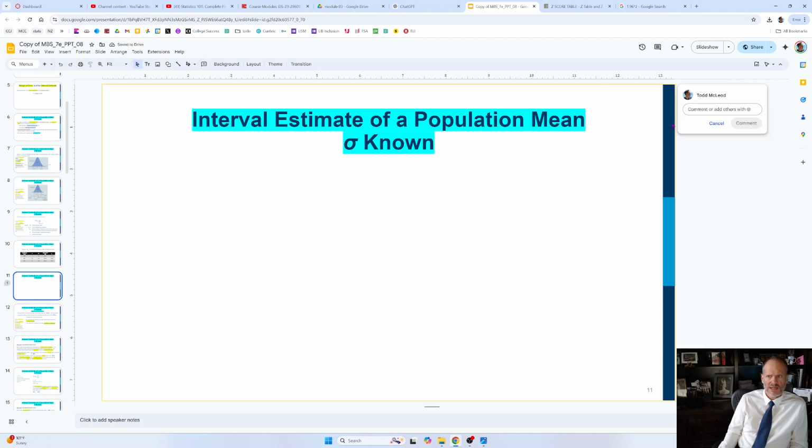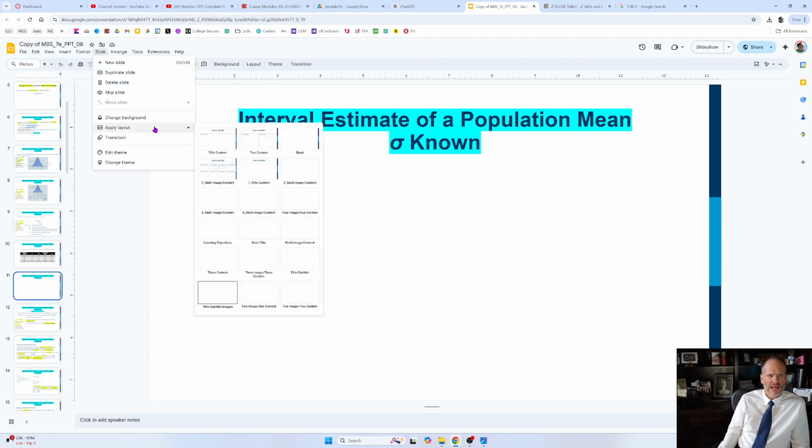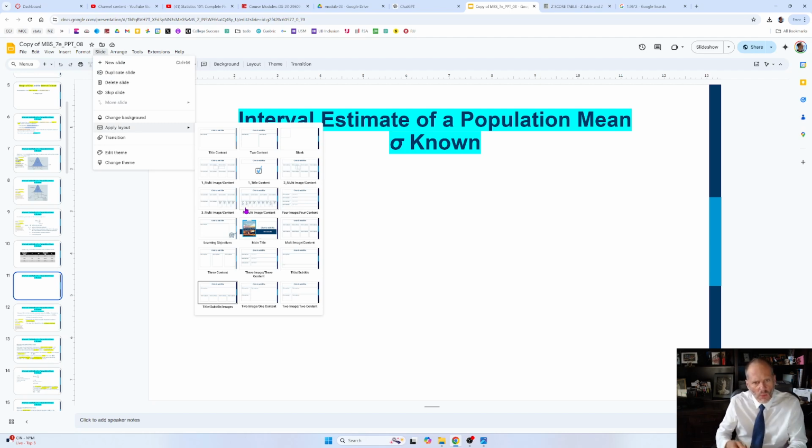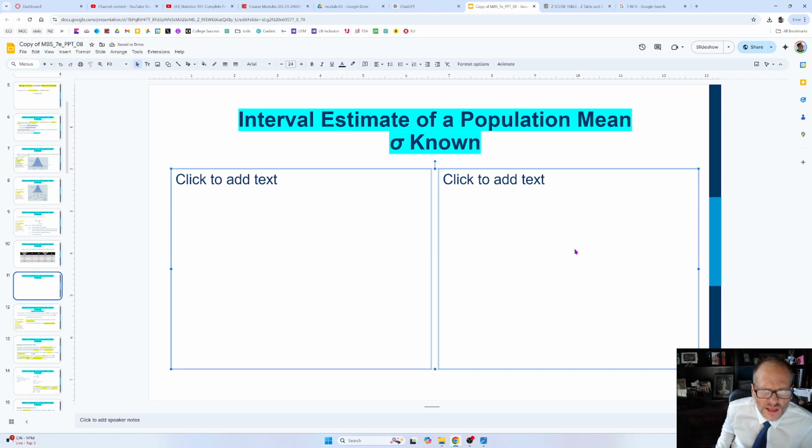Actually, I could go up here to slide and apply a layout. I want just 2 text boxes, which is like that one. I'm going to choose both of these and make them like 18. We'll see if that works.